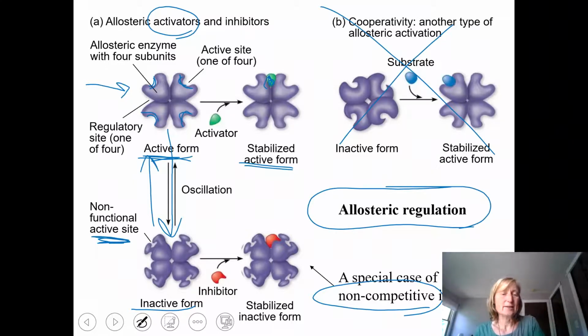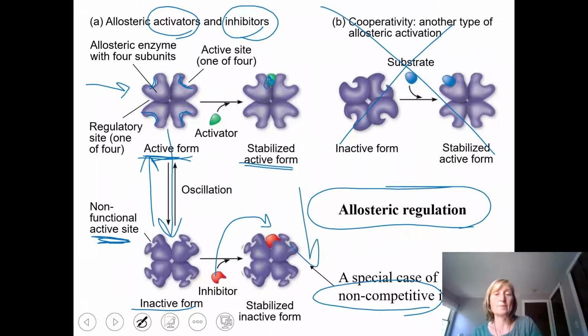On the other hand, there are also allosteric inhibitors that bind to the enzyme and stabilize it in its inactive form so it can't catalyze reactions. So if you've got an allosteric inhibitor in your reaction tube, it's going to bind to your enzyme, keeping it in its inactive form, and the reaction rate should definitely drop. It should inhibit the reaction.